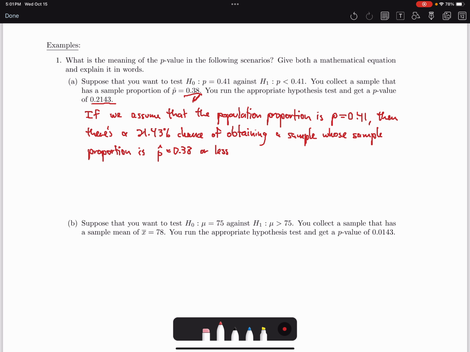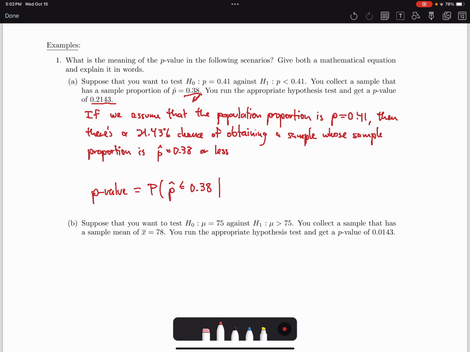Here's what it would look like in math symbols. So our p-value is the probability that we would obtain the sample proportion that we obtained, or something more extreme than that, so in this case less than that, given that the null hypothesis is true. Well, what does the null hypothesis say?